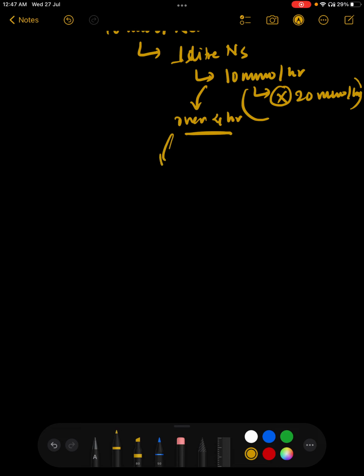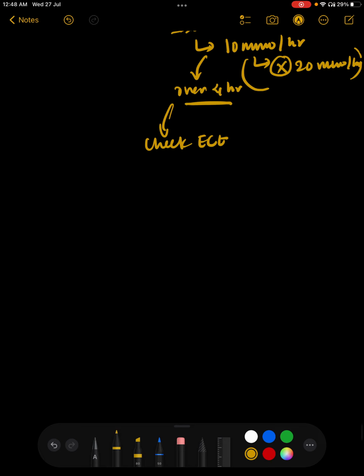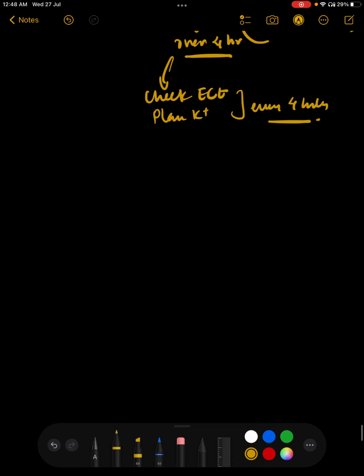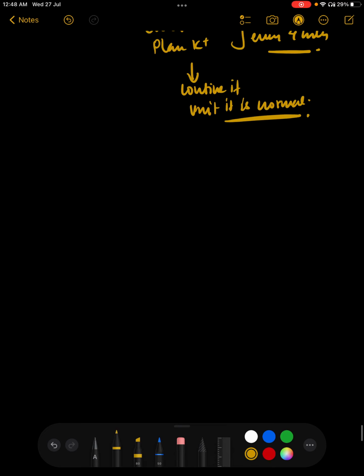And check ECG and plasma potassium every 4 hours, and continue IV potassium until it is normal. This is the treatment.